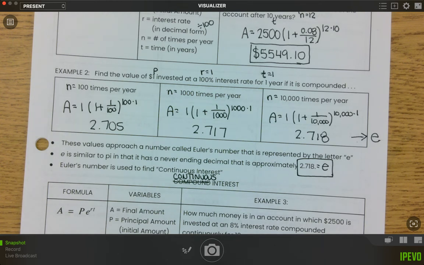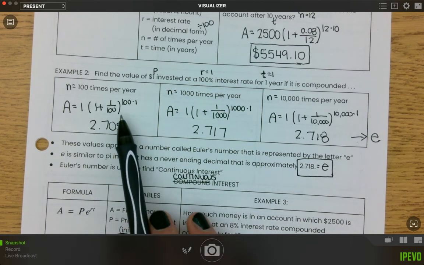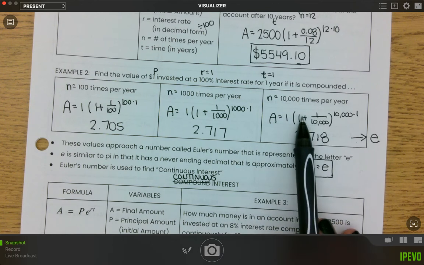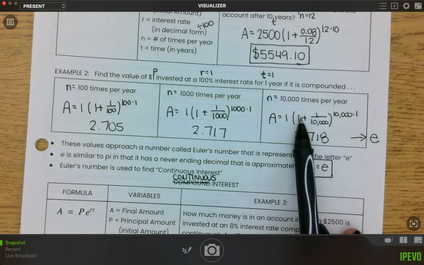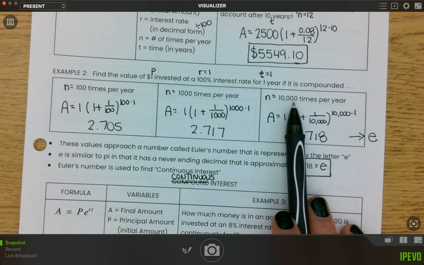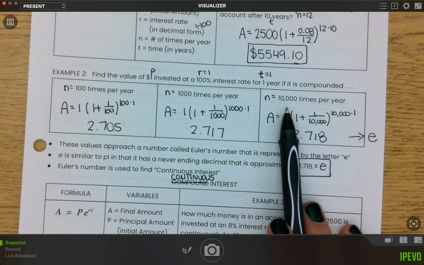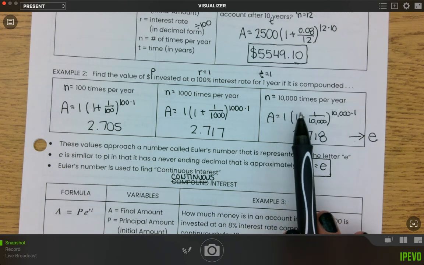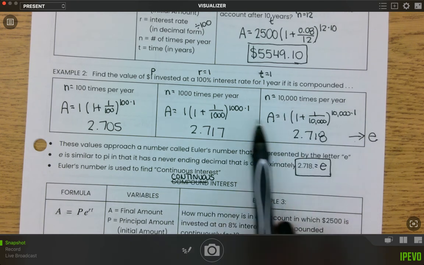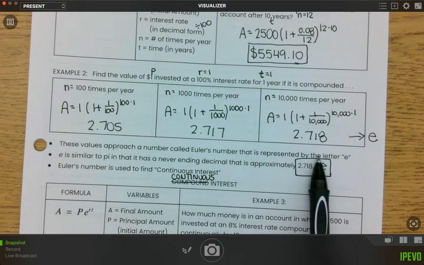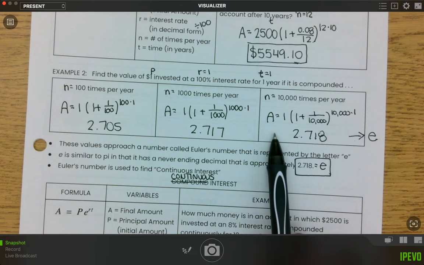So it's just constantly gaining interest. That's why we were trying to get n to be a really high number, because that's actually infinite times per year. So as we start getting into 10,000, maybe a million, we're pretty much basically at infinity as far as guessing purposes go. So that's why as we got a higher and higher number, we basically found out what e was.